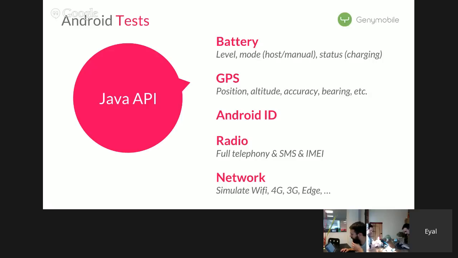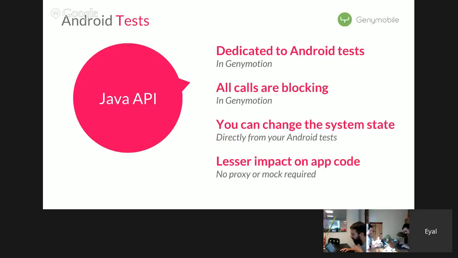Okay. So how we consider the Java API. It is dedicated to Android tests in Genymotion. So you will add it to your test dependencies. And an important point also is that, like in the Genymotion tool, all the calls are blocking.